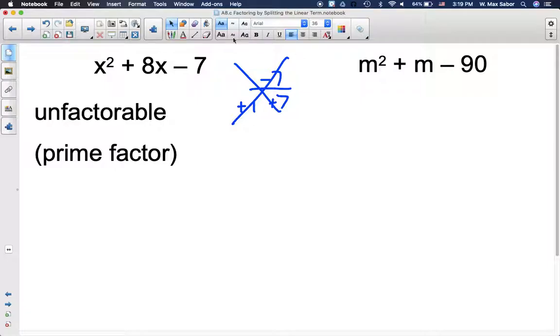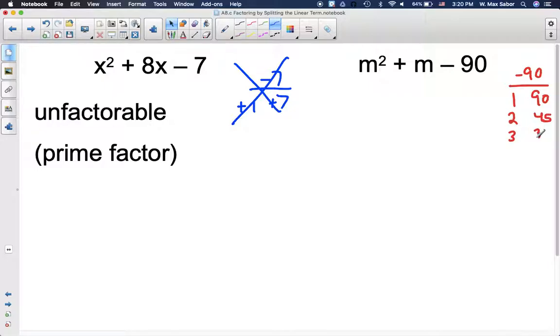So let's try it with the second one. If we have negative 90, the numbers that multiply to negative 90 are 1 and 90, 2 and 45. You can skip over them if you know which is actually going to work. 3 and 30, 4 doesn't work, 5 times 18, 6 times 15, 7, 8, 9 times 10.